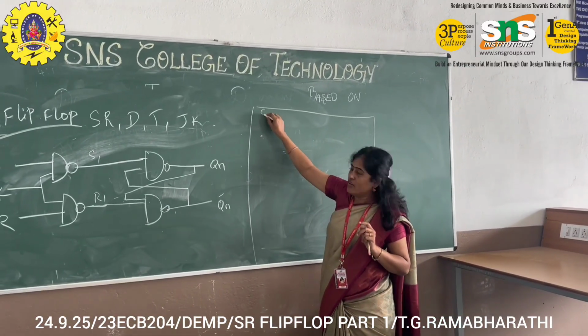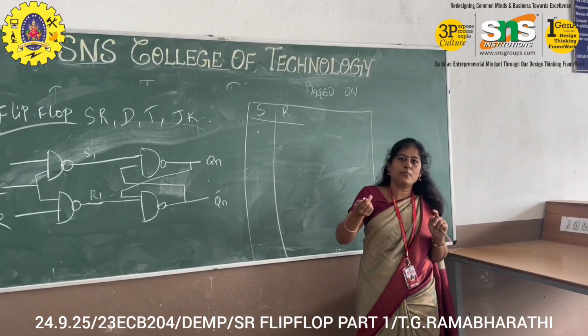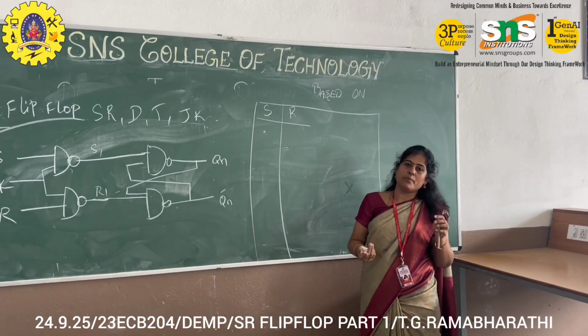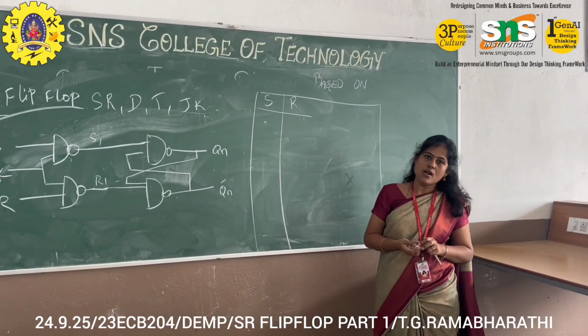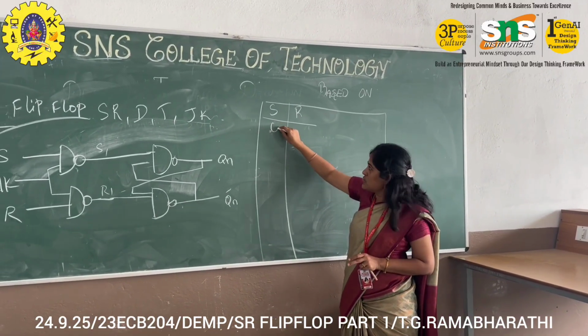On the input side, we have S and R. Two inputs need 4 possible combinations: 0 0, 0 1, 1 0 and 1 1. But here I am going to write each combination 2 times, for the present state 0 and the present state 1. So for 0 0, I write it 2 times.